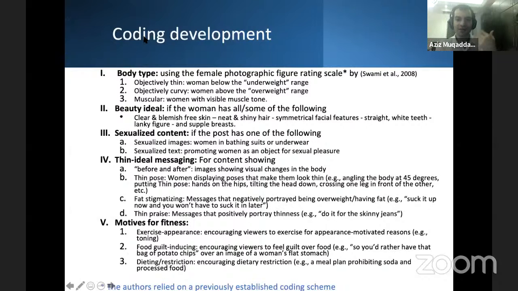So if you're angling your body at 45 degrees, hands on the hips, that is a well-known trick to look thinner, tilting the head down, right? And then the image would be like up there. So the figure would look thinner, crossing one leg in front of the other. So you see how detailed they got, very specific about the pose, right? Like tucking your tummy inside. Yeah, those very specific things to define what a thin ideal is, what a thin pose is, sorry.